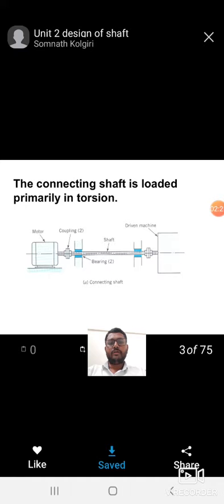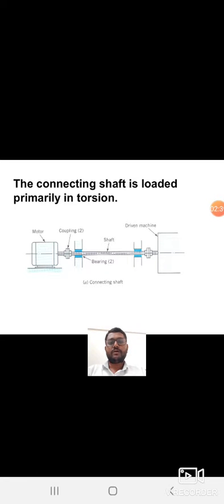Again, the driven machine. Here the motor is the driving machine, that is the prime mover, and for the driven machine, we consider the example of a lathe machine. So the connecting shaft is loaded primarily in torsion, and the shaft is located between the driving and driven machine.